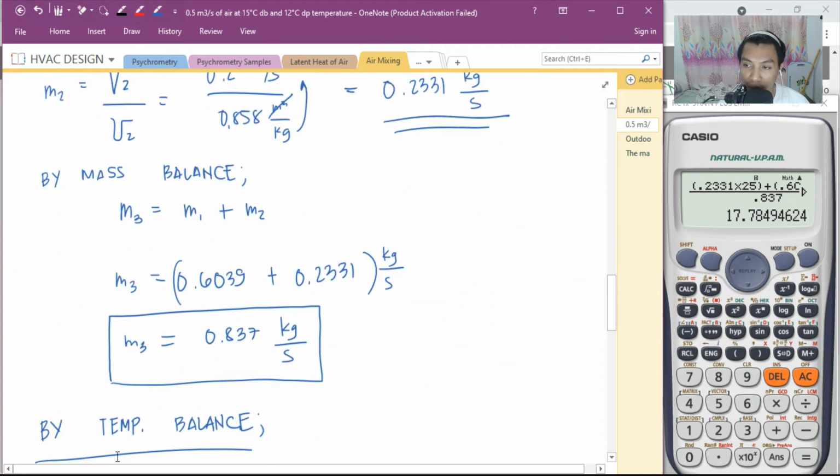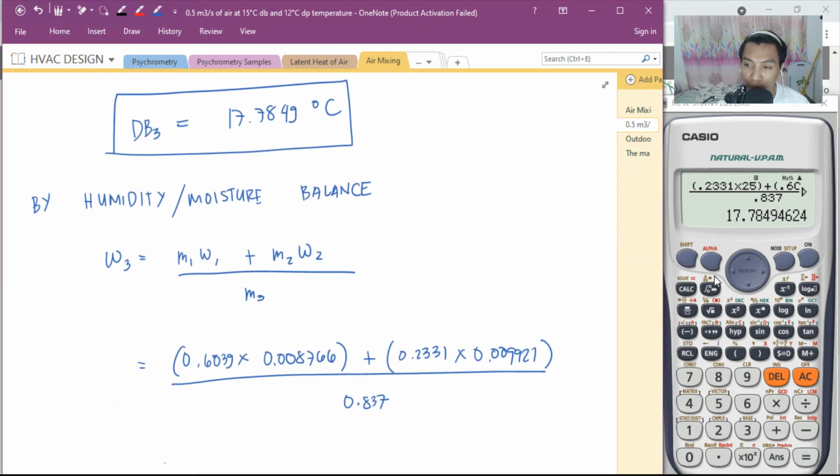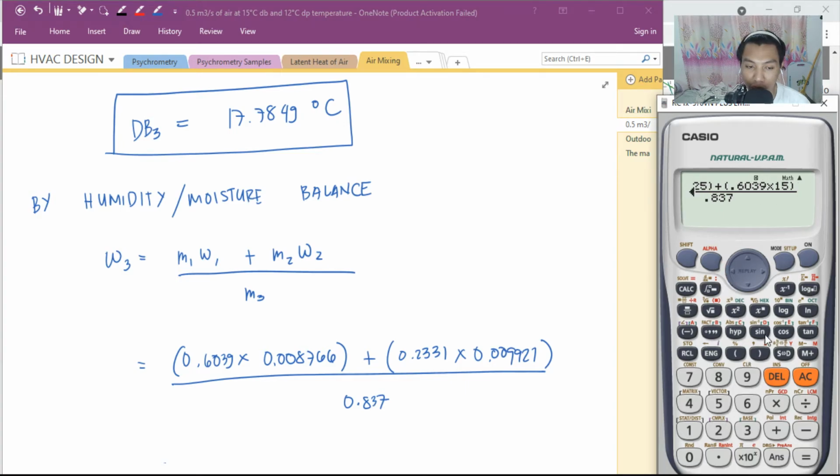Humidity nga. 0.6039 times 0.008766, plus 0.2331 times 0.009921.